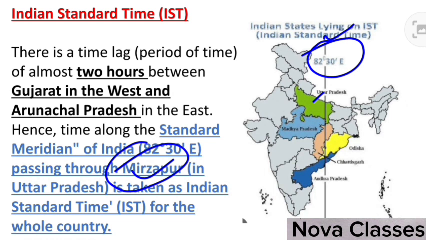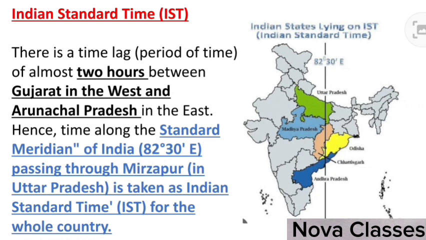Let us discuss how many states the Indian Standard Time line passes through: Uttar Pradesh, some part of Madhya Pradesh, Chhattisgarh, Odisha, and Andhra Pradesh. Now you can see Arunachal Pradesh and Gujarat.